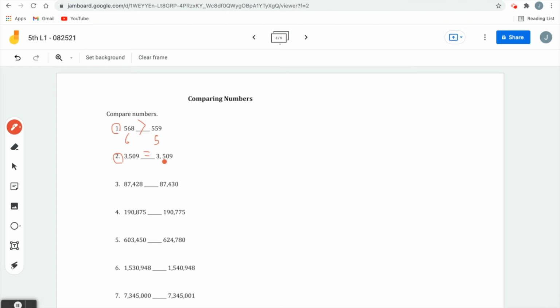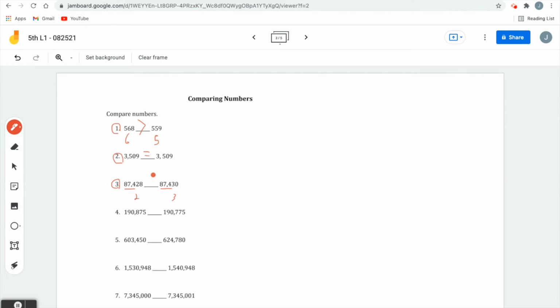Okay? And the other example is going to be number 3. We have 87,428 and 87,430. We notice that the first three digits are the same. So now we're just going to look at the tens place again. For the tens place, we have 2 here and we have 3 here. And 3 is greater than 2.